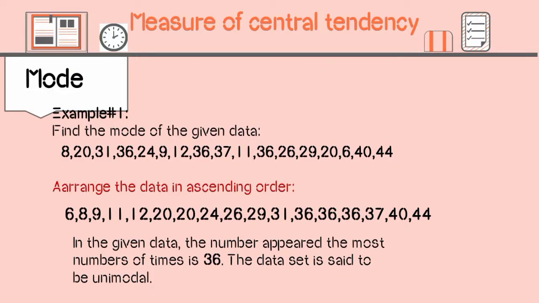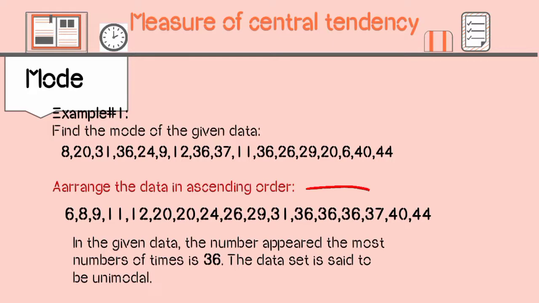Example number 1. Find the mode of the given data: 8, 20, 31, 36, 24, 9, 12, 36, 37, 11, 36, 26, 29, 20, 6, 40, and 44. So, arrange the data in ascending order: 6, 8, 9, 11, 12, 20, 20, 24, 26, 29, 31, 36, 36, 36, 37, 40, and 44.